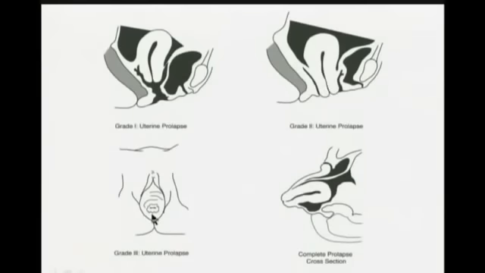When you have procidentia, the uterus is hanging right out, and here is the uterus, and it is wrapped up by the anterior wall of the vagina and the posterior wall of the vagina. This is prolapse. And what we're seeing is the inverted vagina. These are the vaginal epithelium.